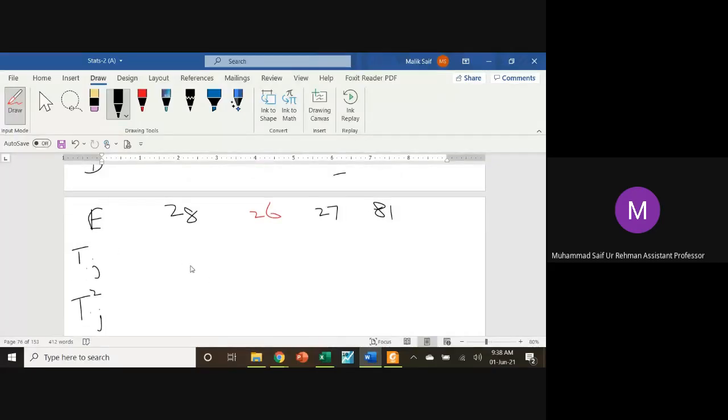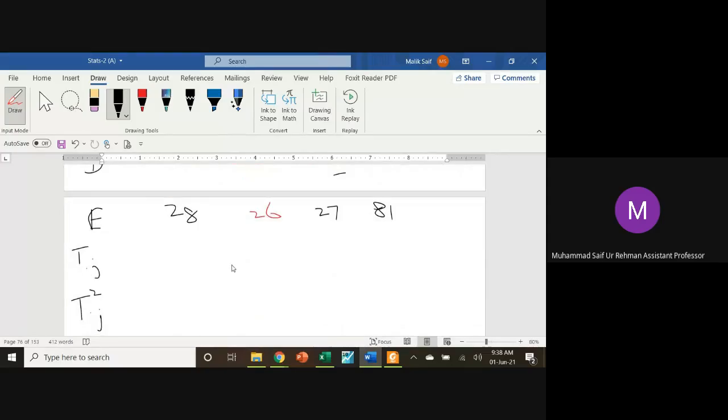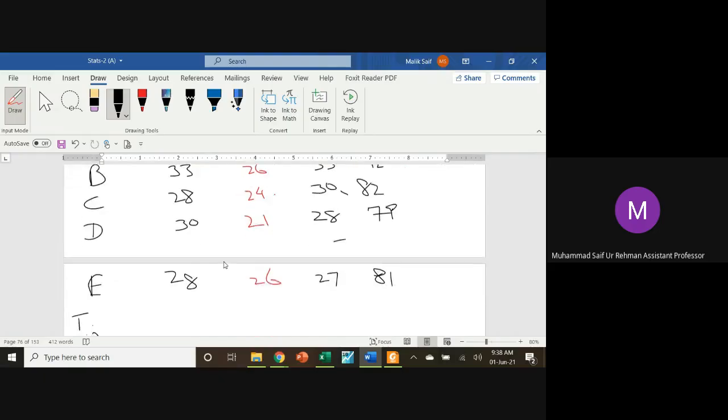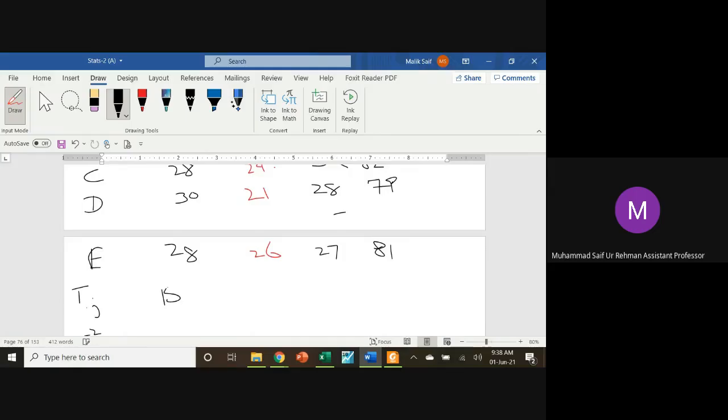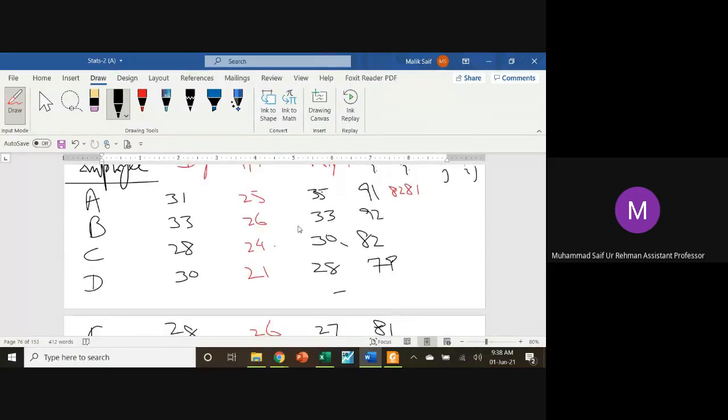Now you have to add the values in the columns to obtain T dot J. Add 31 plus 33 plus 28 plus 30 plus 28. The answer is 150. Then add 25 plus 26 plus 24 plus 21 plus 26.